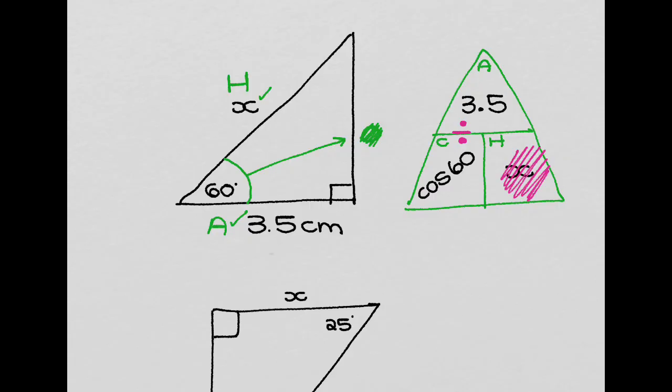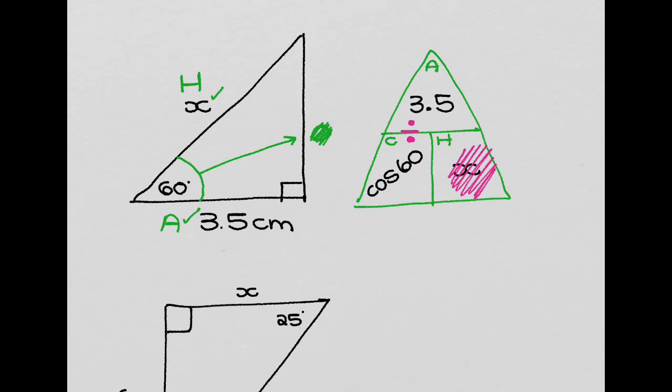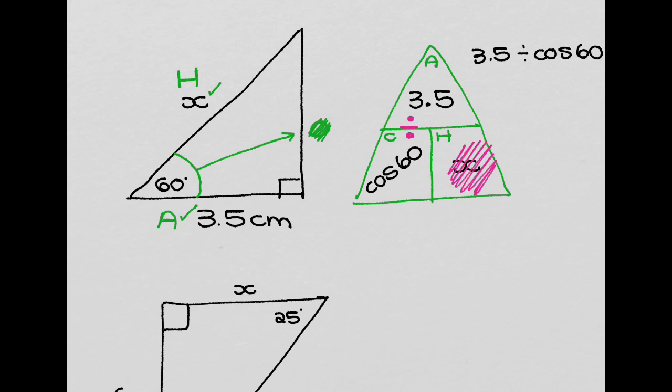And you will do the top divided by the bottom. So on your calculator, you are going to type 3.5 divided by cos 60. And remember to close those brackets. So 3.5 divided by cos 60 gives me 7. And so X equals 7.